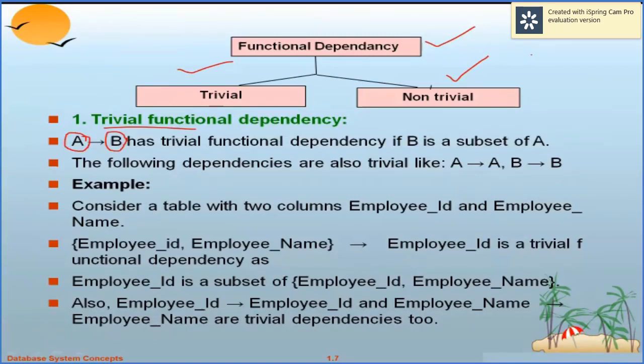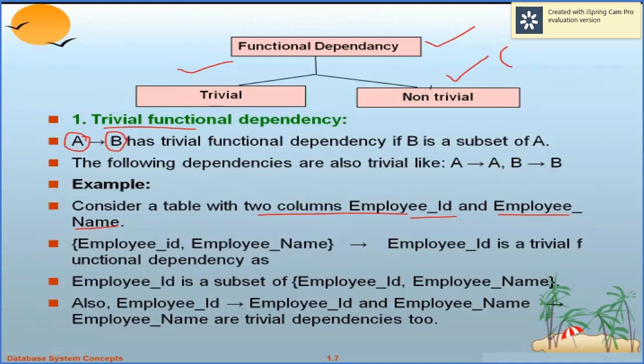That means I'm trying to form a set of key attributes on my left hand side, or I can say I'm trying to form a super key set along with the primary key. Let's go to the example and try to understand it better. Consider a table with two columns, that is employee ID and employee name.